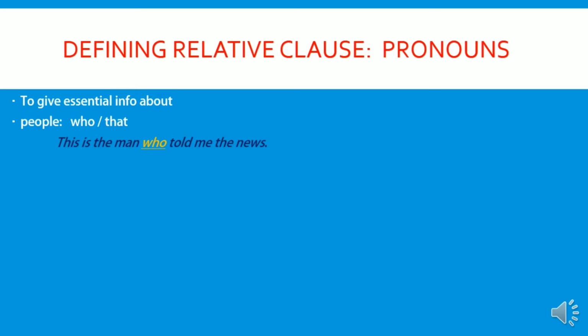Nah, who di sini menjelaskan tentang man. Okay, if we want to give information about the things, we can use which or that. The letter that was delivered was from my boss.